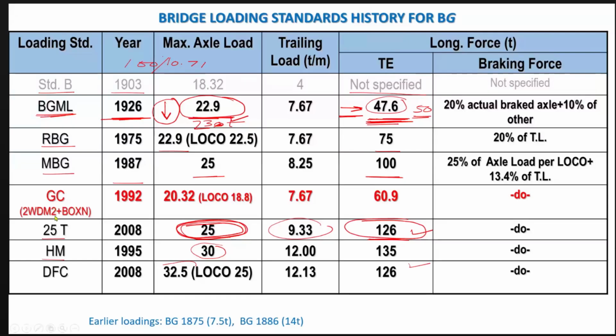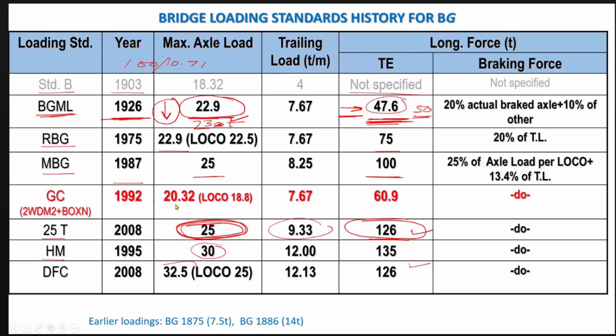This GC loading came into the picture around 1992, when the uni-gauge policy was there and we wanted to make broad gauge of most of the meter gauge structures. So what we did was increase the waterway barrel length, and on both sides by jacketing method, the cutwaters we jacketed, because the width was less, so we increased the width on both sides. We checked the structure for a maximum axle load of 20.32.